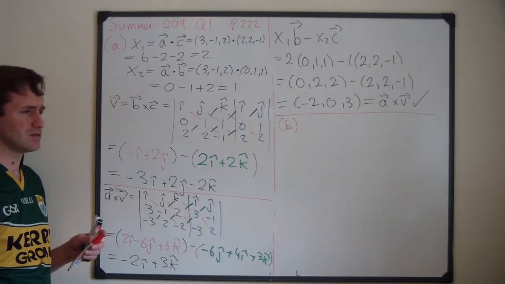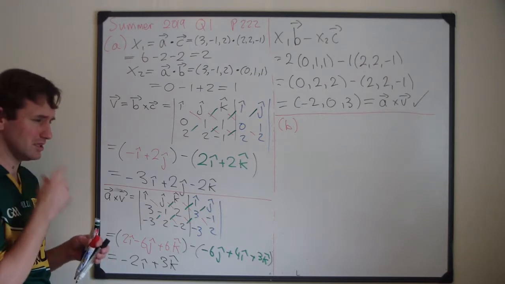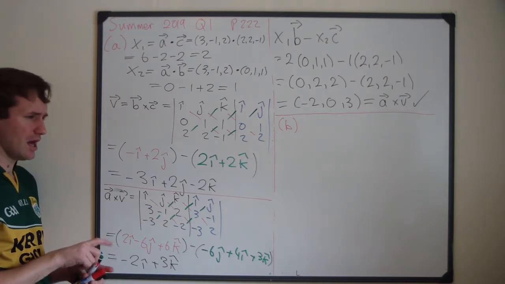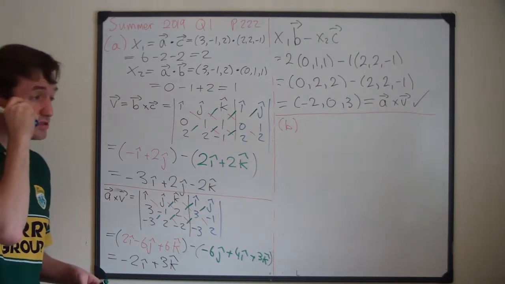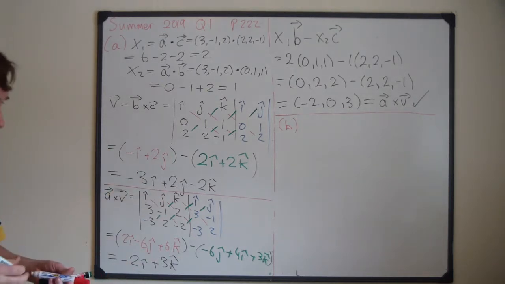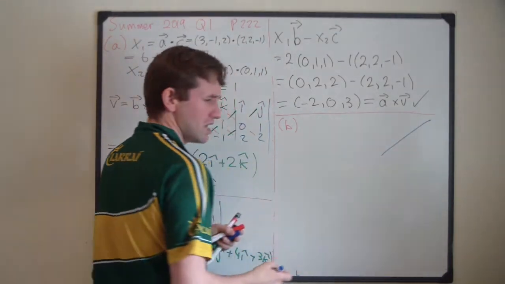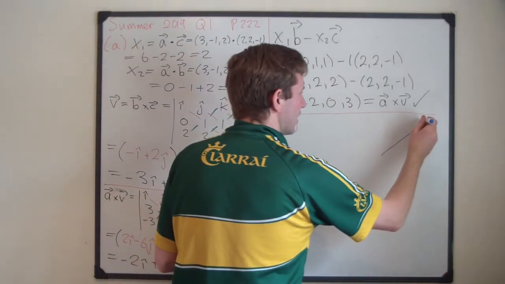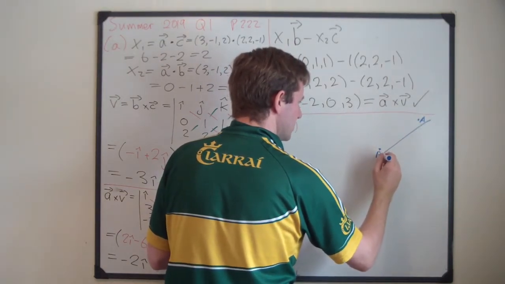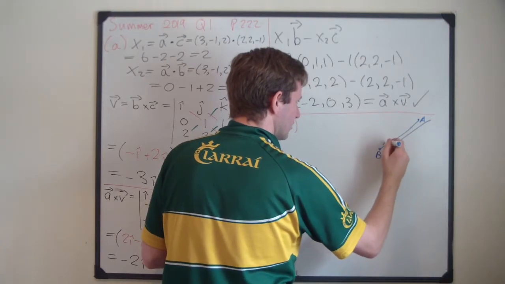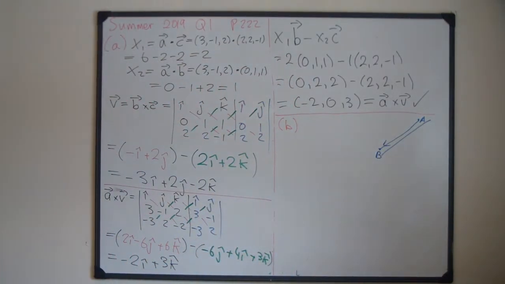An object of mass 100 kg located at a point A slides straight down a smooth plane until it is located somewhere else. Assume that the distances are measured in meters, and there's also a mention of newtons. Find the work done by the force of gravity. So the plane is something like this, and at some point on the plane, here A, it falls down to B. So that's the displacement through which the object falls.